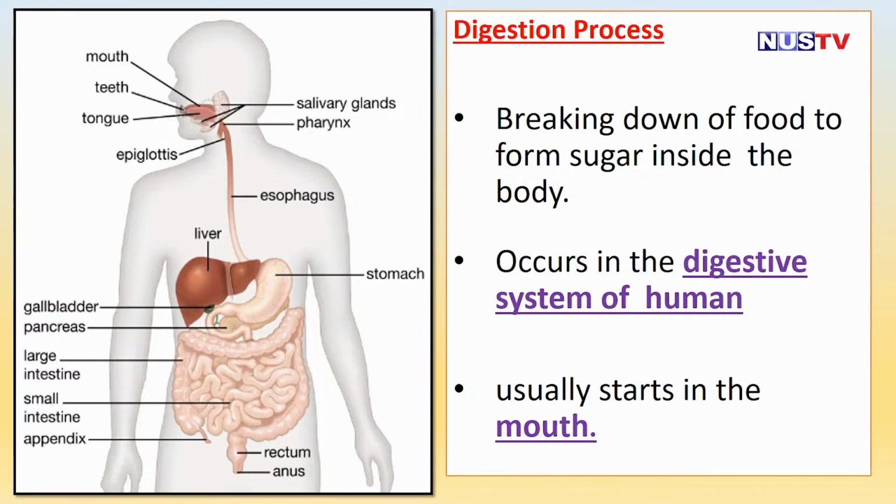Some people will say it's an English word. Perfect, that's right. But some might question themselves and ask, what is the digestion process? So that is our first guiding question for our lesson today. What is the digestion process?